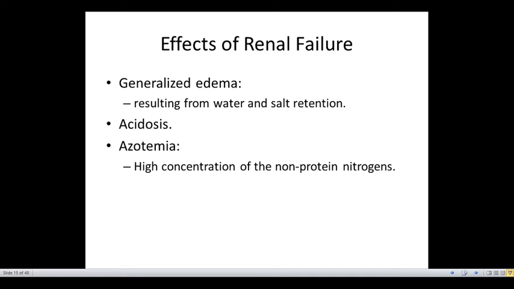Important effects include number one, generalized edema resulting from water and salt retention, acidosis, azotemia, which is the term used to denote high concentration of the non-protein nitrogens like urea, creatinine, and uric acid, resulting from failure of the body to excrete the metabolic end products of proteins.